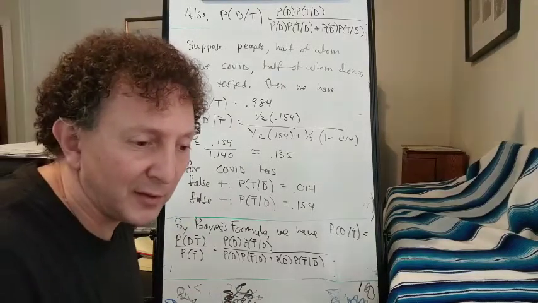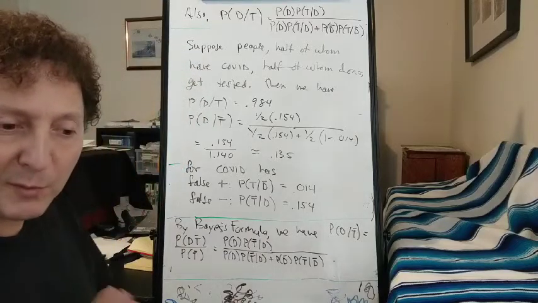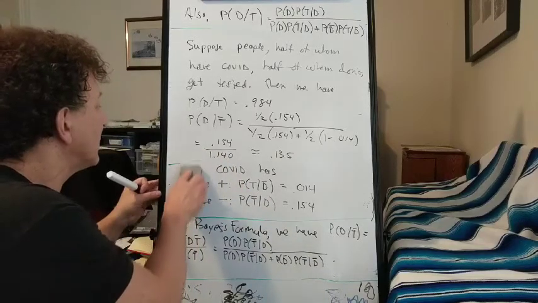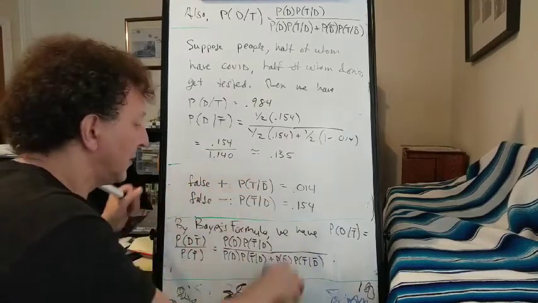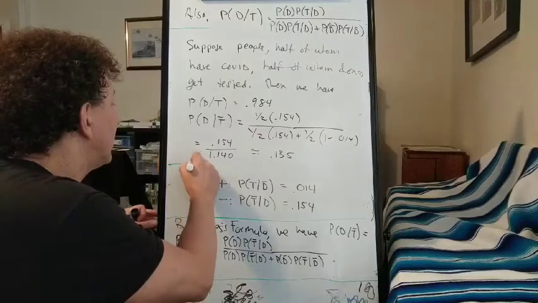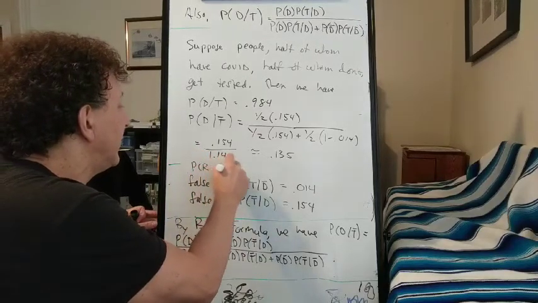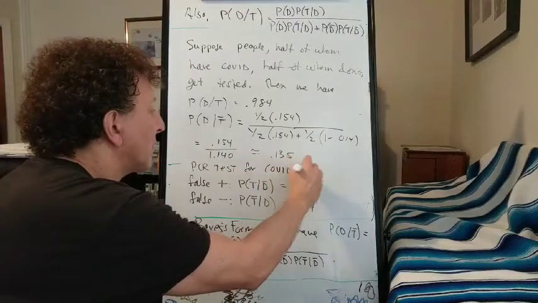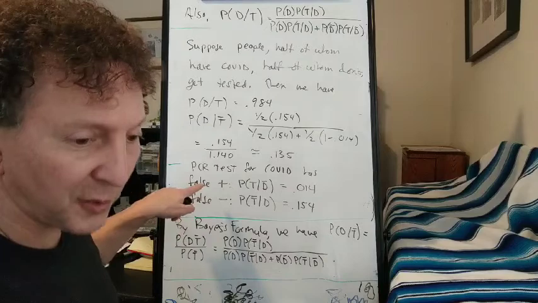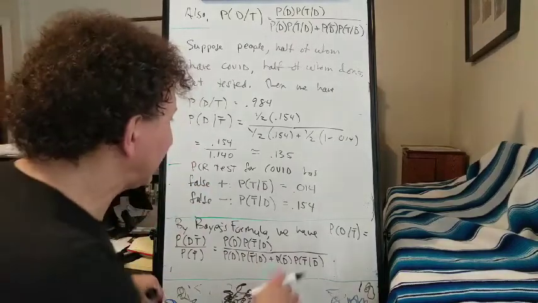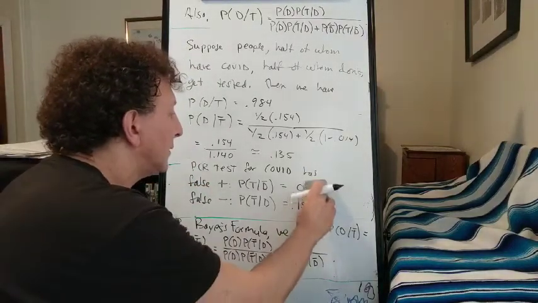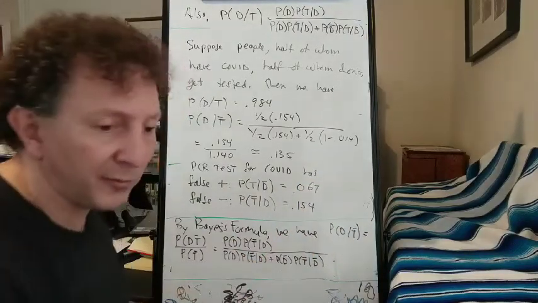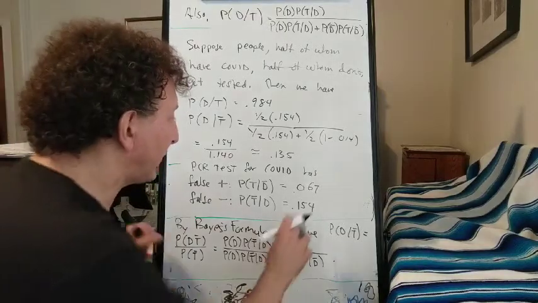Then somewhere else on the internet, I got some numbers that I'm maybe even less sure of. So the PCR test, the one that takes 2 days, has a false positive rate of 0.067 and a false negative rate of 0.013.